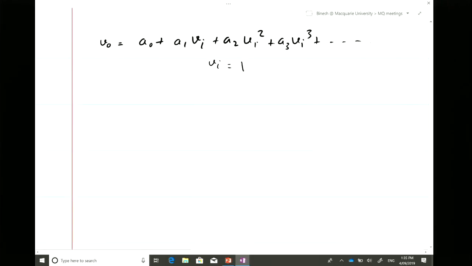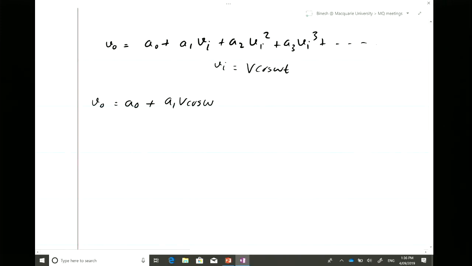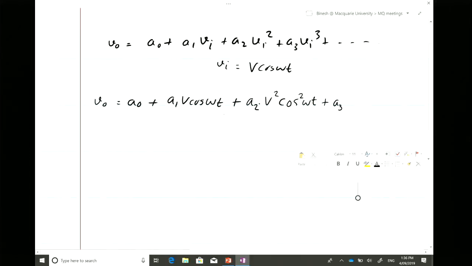And your V input is equal to V cos omega t. So V out is equal to A naught plus A1 V cos omega t plus A2 V square cos square omega t plus A3 V cube cos cube omega t and so on.